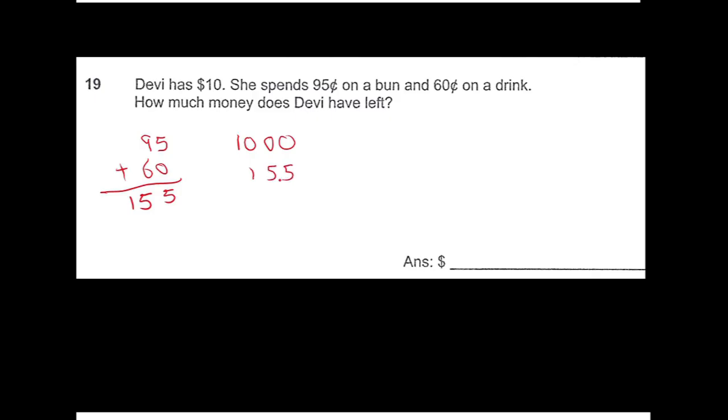You subtract away 155. 10 minus 5 is 5. 9 minus 5 is 4. 9 minus 1 is 8. So 845 cents, or $8.45.